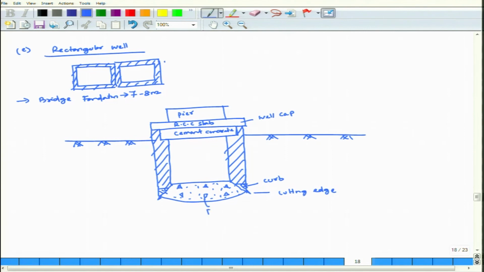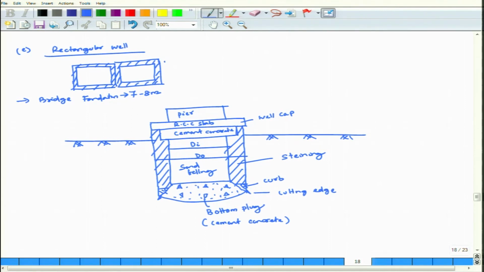This is called the bottom plug. It is made of cement concrete, and this is your sand filling. This is D0 and this will be DI, and this part is called steining.